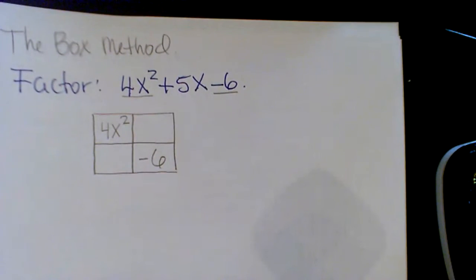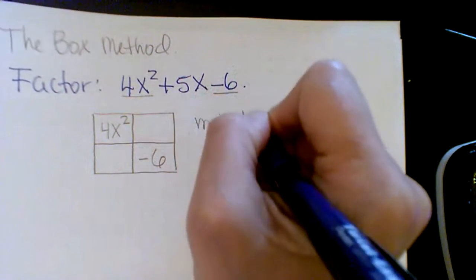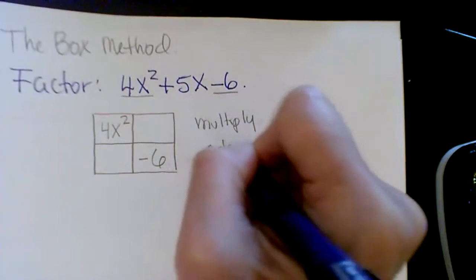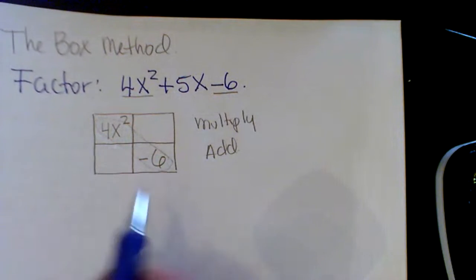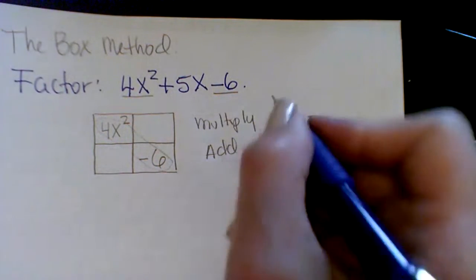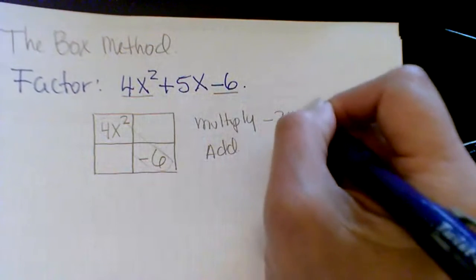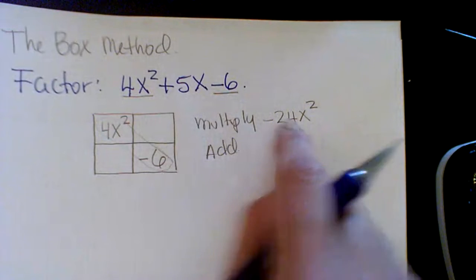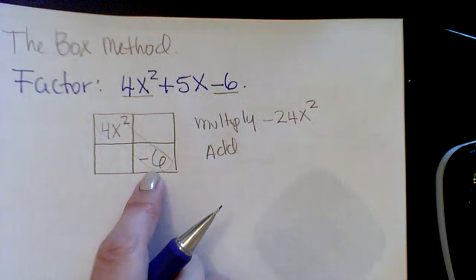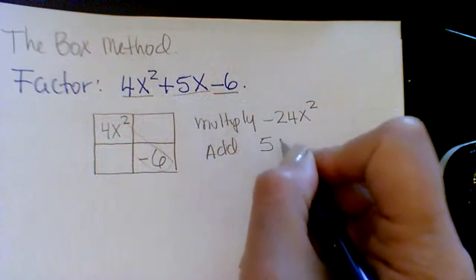Now we need two terms. Hold on. When I multiply these two numbers, 4 times 6 is what? Negative 24x squared. So we need two numbers that when we multiply, we get negative 24x squared, and when we add them, we get 5x.